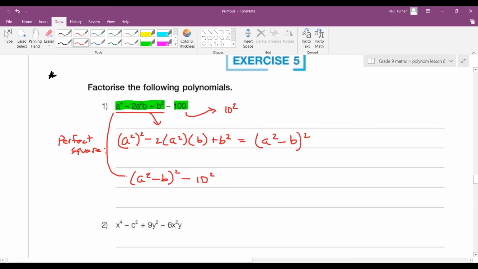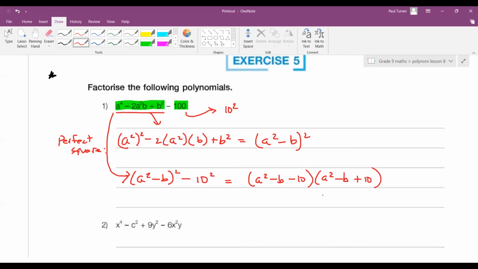So now I've just gone down to here. So now you have your difference of squares. So that's a squared minus b minus 10, a squared minus b plus 10. So you should get that as your answer there.